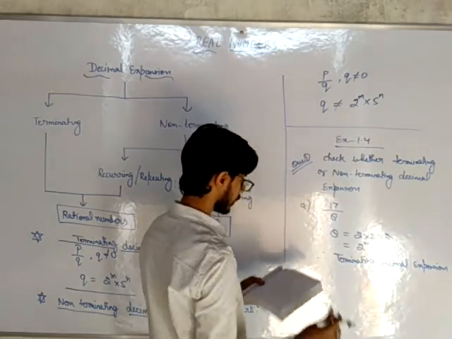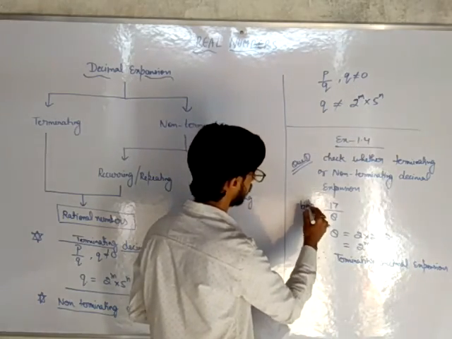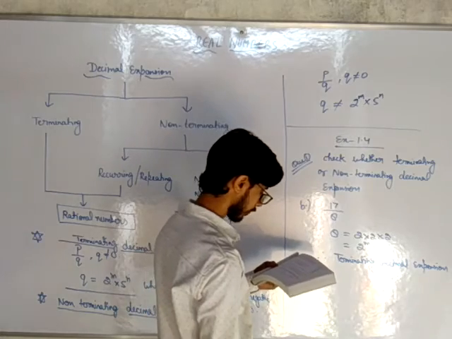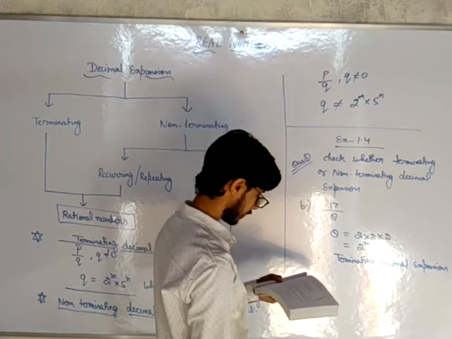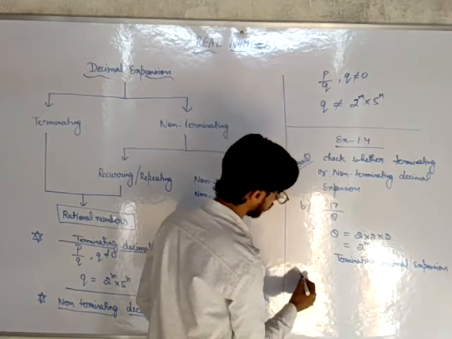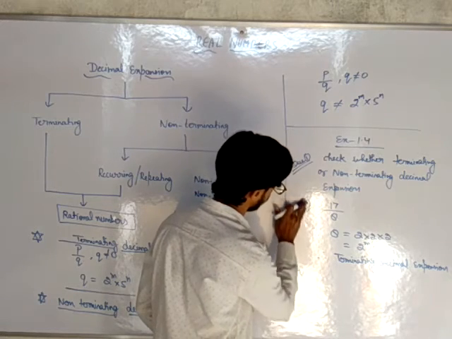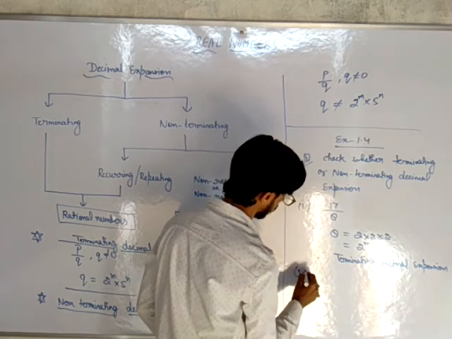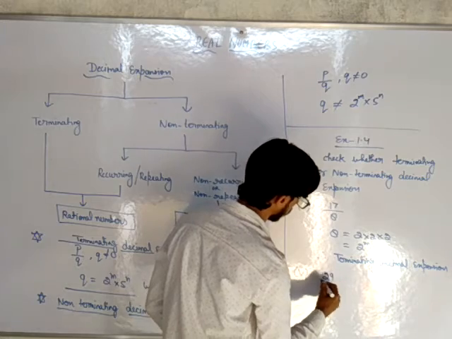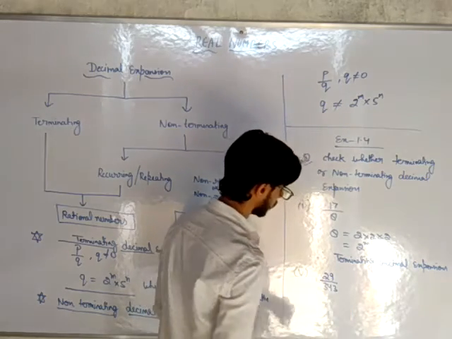Another part, it is the C part. Next one is 529 upon 343.